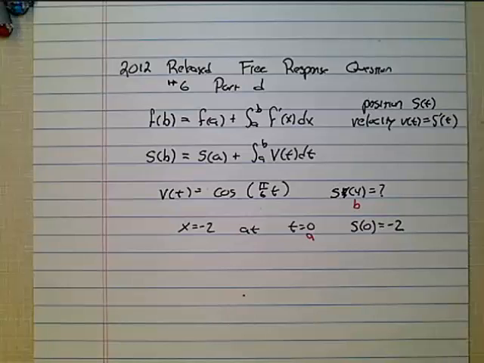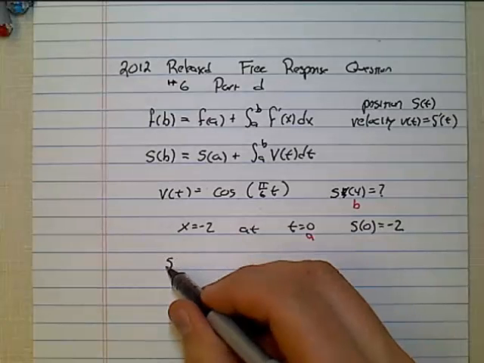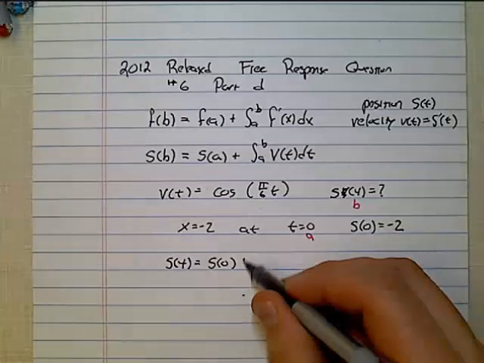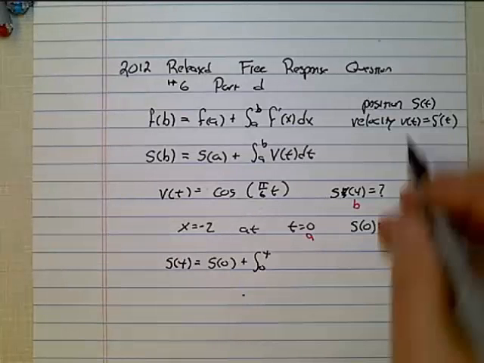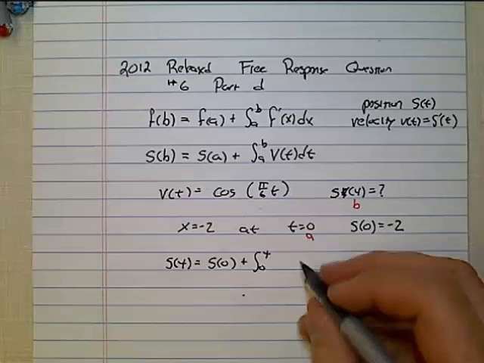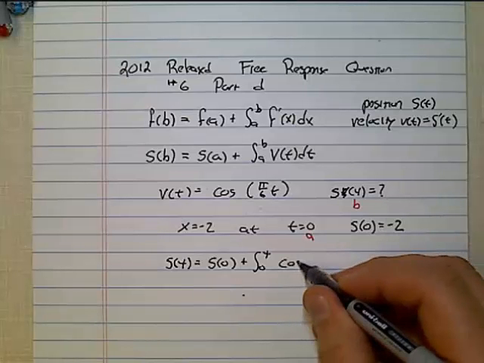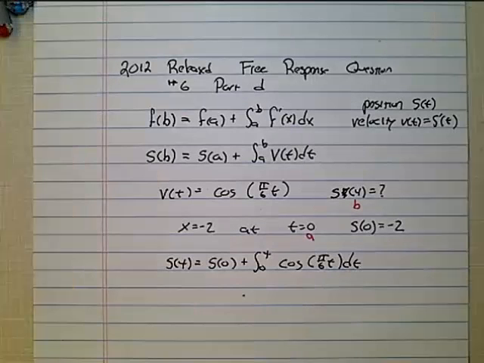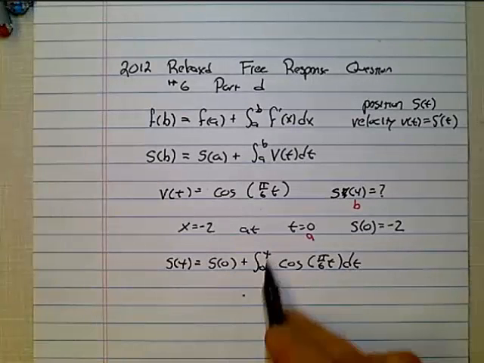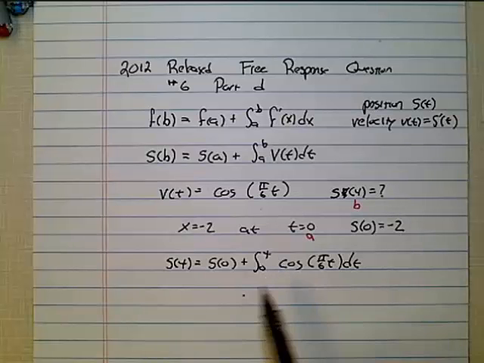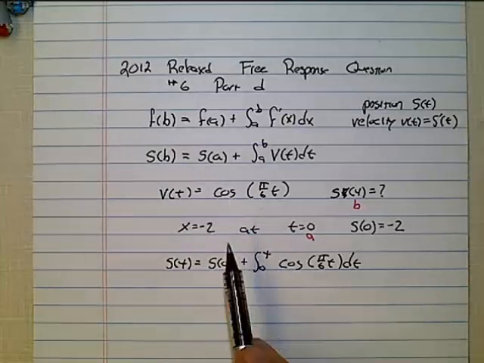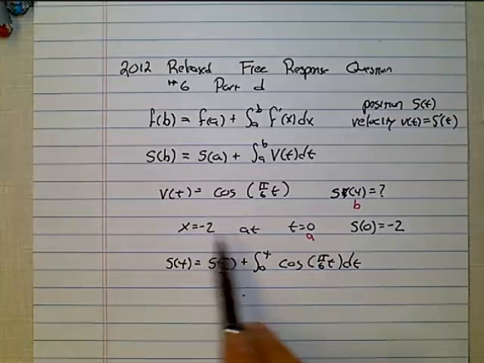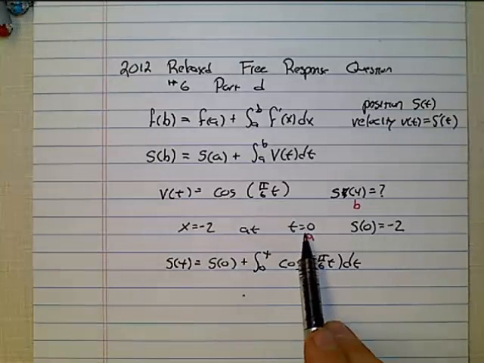So we can now say that s of 4 is equal to s of 0 plus the integral from 0 to 4 of our velocity function, which is cosine of pi over 6 t. And now we need a dt because we're doing an integral. So this way we're doing it as a definite integral. Another way to do it would be to take your velocity function and make an indefinite integral, and then use this initial position to find the value of c.